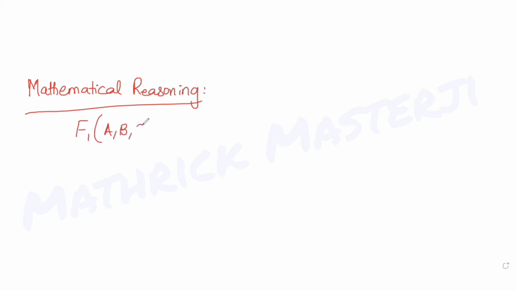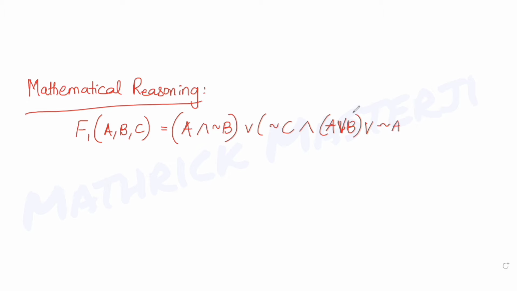The question tells us: let a statement F1, which consists of three statements A, B and C, be equal to the expression A cap negation B, cup negation C cap A cup B, and that is cupped with negation A. This entire thing is also present in a square bracket.